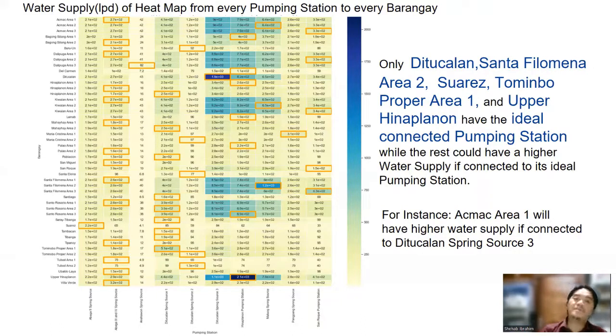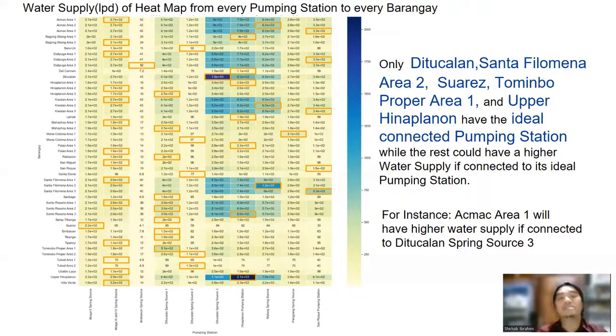So what we found out is that only Dito Calan, Santa Filomena Area 2, Suarez, Tominobo Proper Area 1, and Upper Hinaplanon have the ideal connected pumping station, while the rest could have a higher water supply if connected to its ideal pumping station.